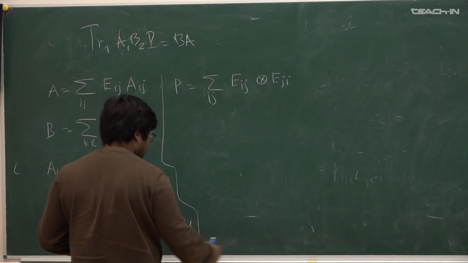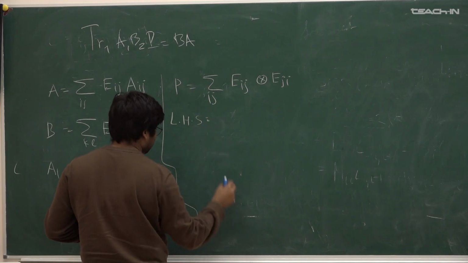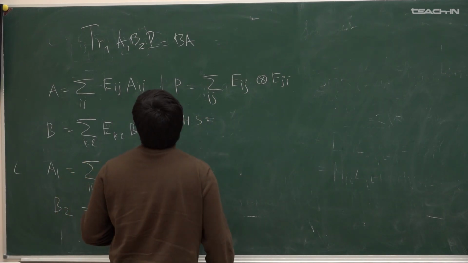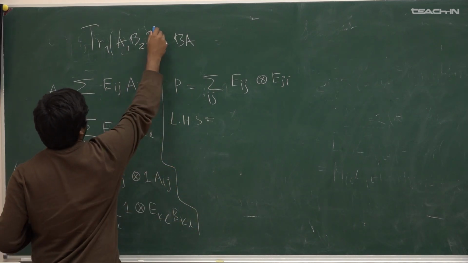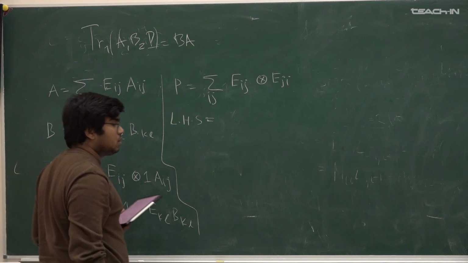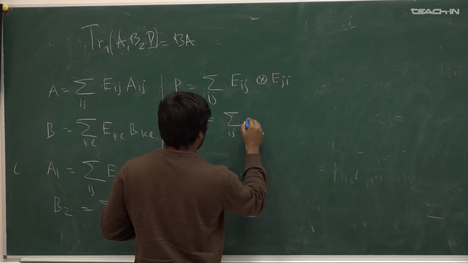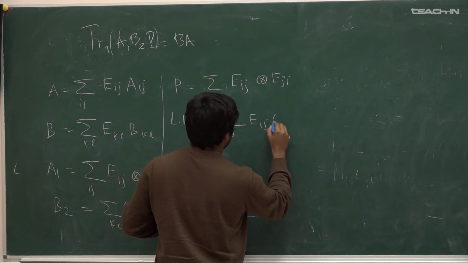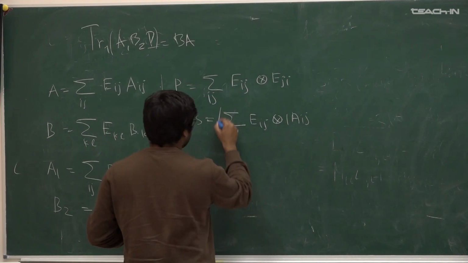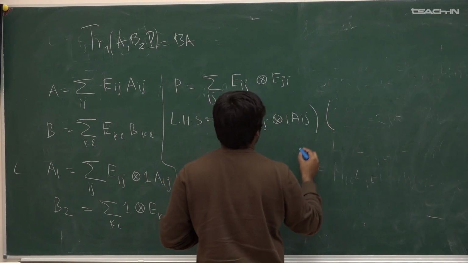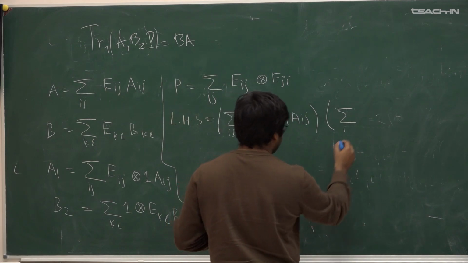Now let's write the left-hand side. Maybe we can first try to calculate this and then take the trace. As you like. One is E_IJ, multiplied by B, maybe E_KL.